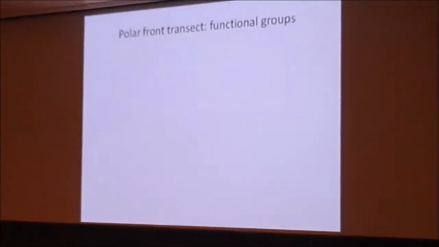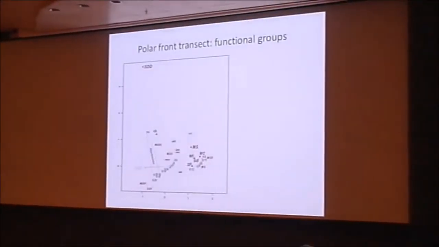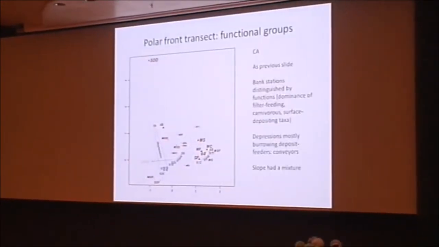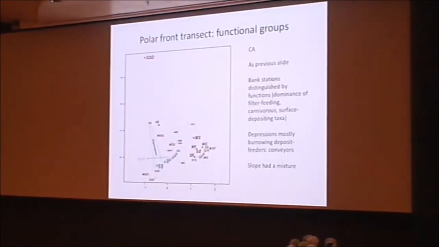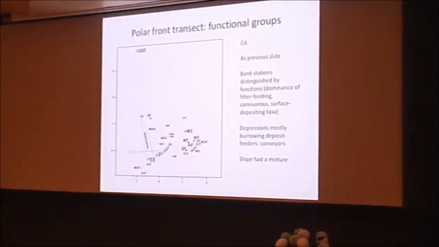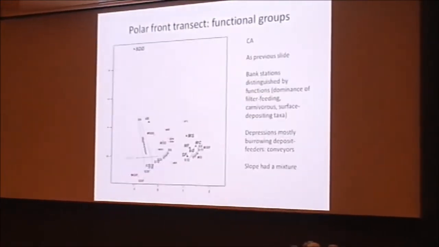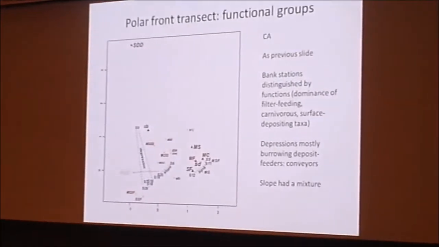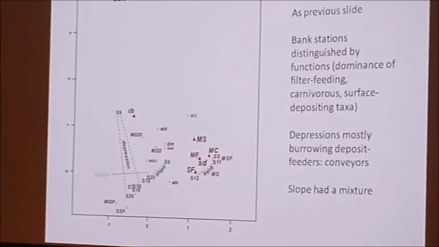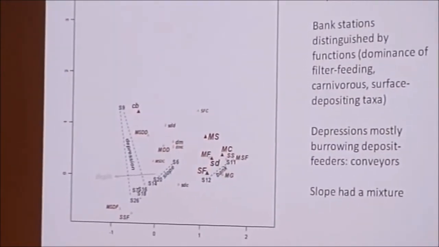However, using the same data set, using functional group information, I'm going to zoom in on this figure in a minute. But what you're looking at is the same kind of correspondence analysis here, and we've got the bank stations here with a set of characteristic functions: mobile, motile, filter feeders, and carnivores.